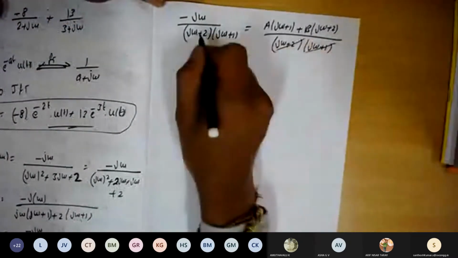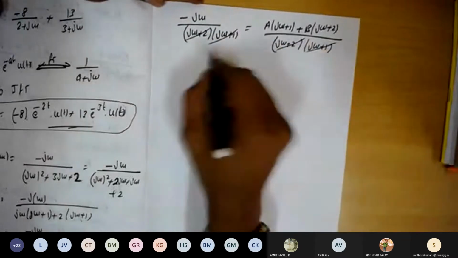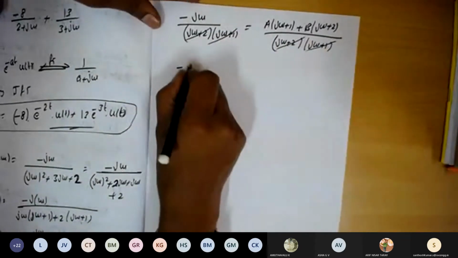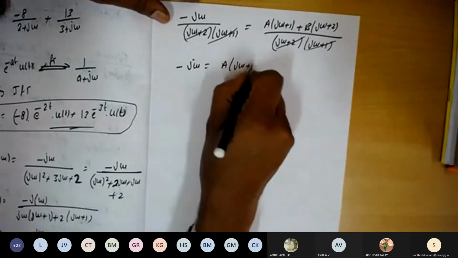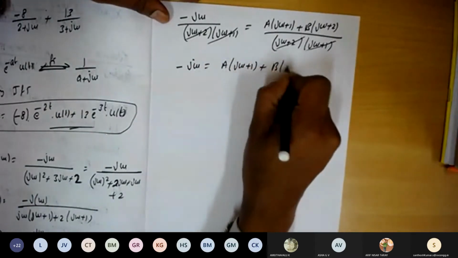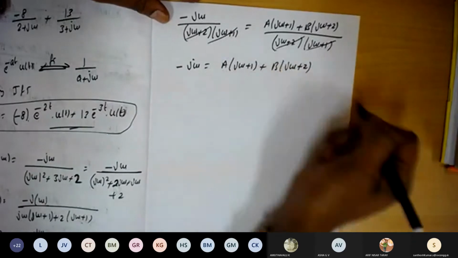The denominator terms get cancelled. We are left with minus j omega equal to A into j omega plus 1 plus B into j omega plus 2.